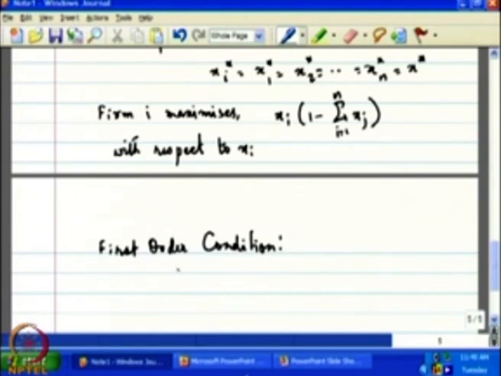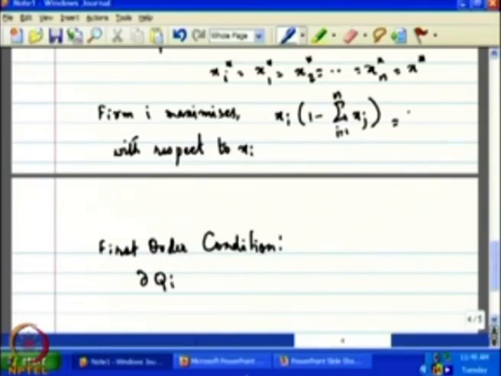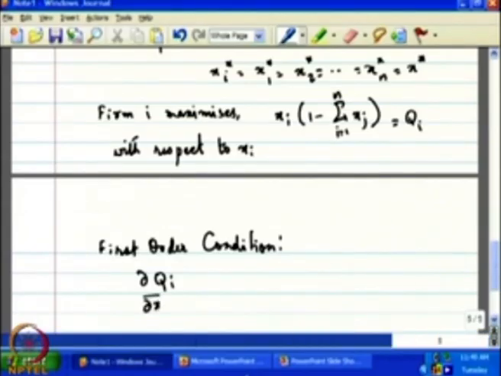Now, the first order condition is that this qi should be equal to 0, which means that 1 minus this entire thing, x1 plus x2 up to xn, minus xi, is equal to 0.